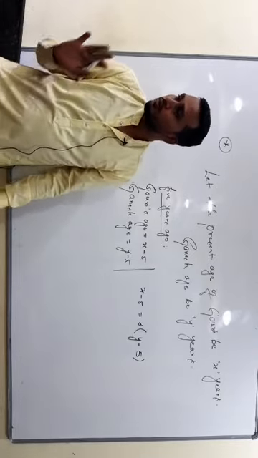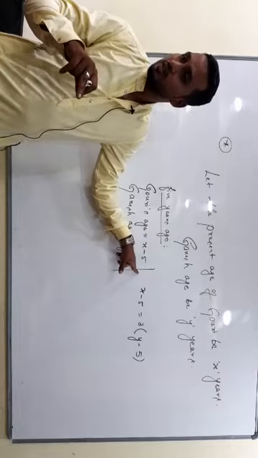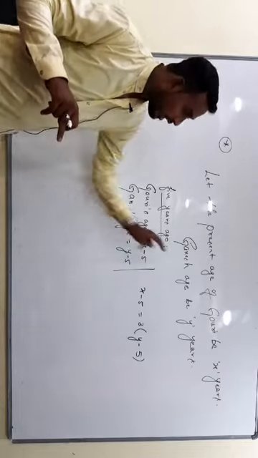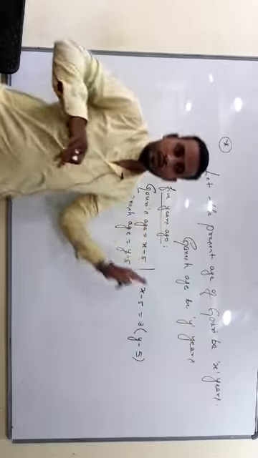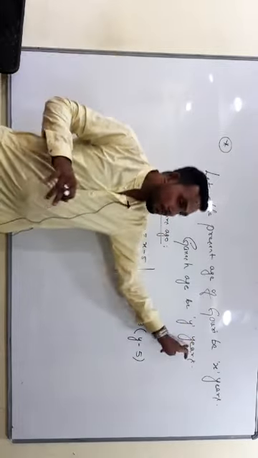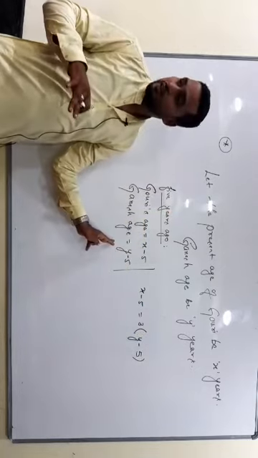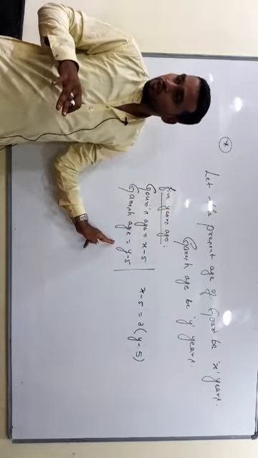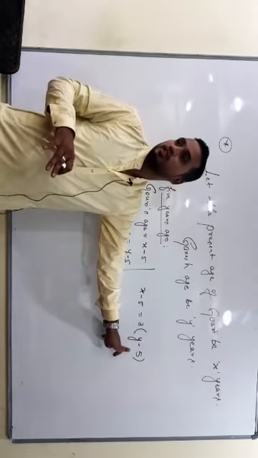Gauri's age 5 years ago is x minus 5 years. Ganesh's age 5 years ago is y minus 5. Now 5 years ago Gauri's age will be thrice Ganesh's age.